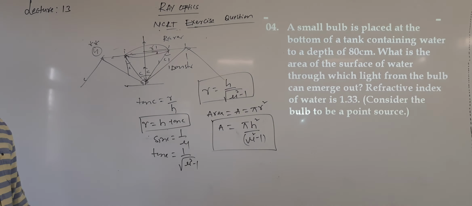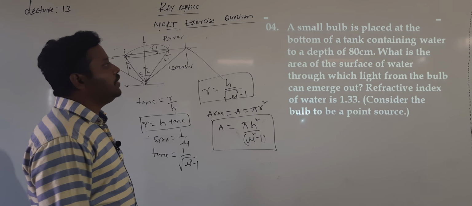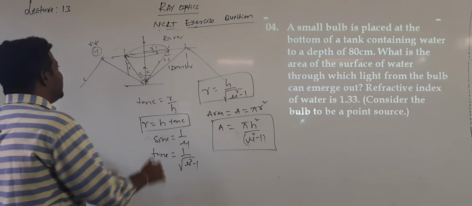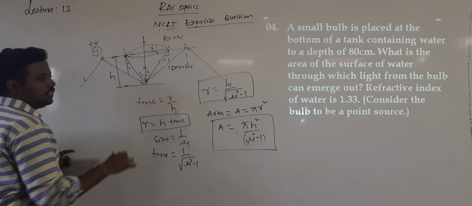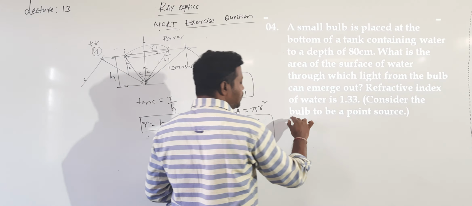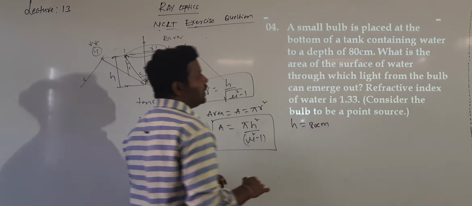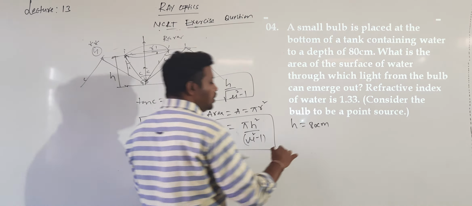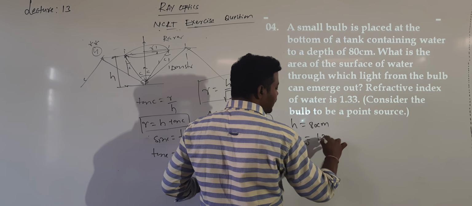Now substituting the values. A small bulb is placed at the bottom of a tank containing water to a depth of 80 centimeters. The depth they have given is h, which is 80 centimeters. They are asking for the area, and they have given the refractive index of water, mu equal to 1.33.